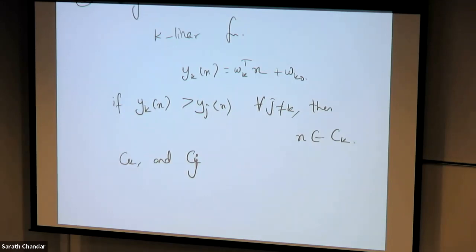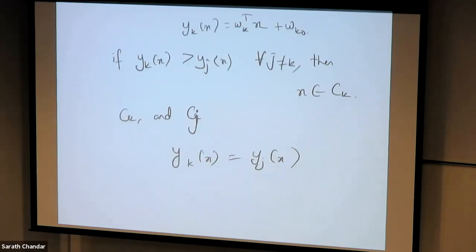Look at the equation. You'll say something is class k instead of class j if the y value of class k is greater than the y value of class j, right? So the decision boundary is going to be the place where both the classes have the same y value. Or in other words, yk of x is going to be yj of x.